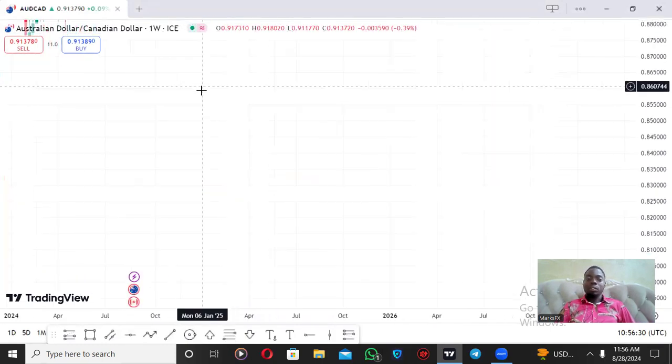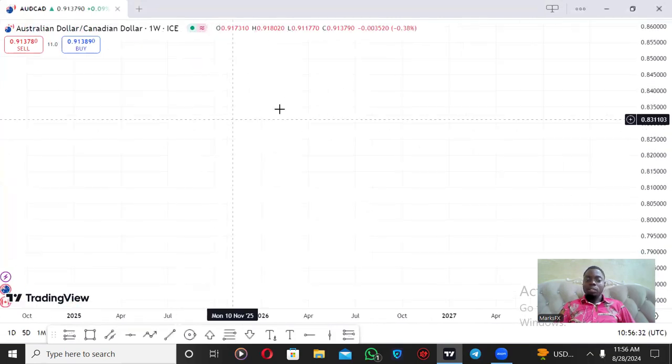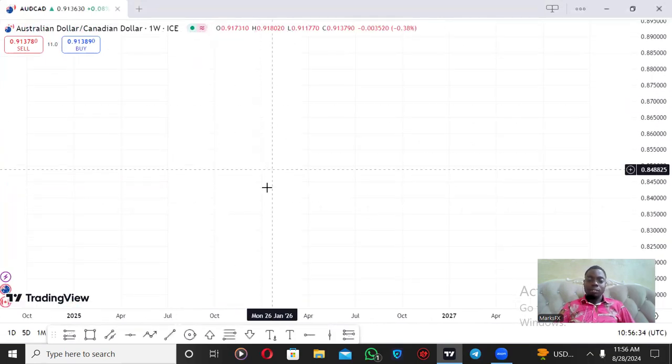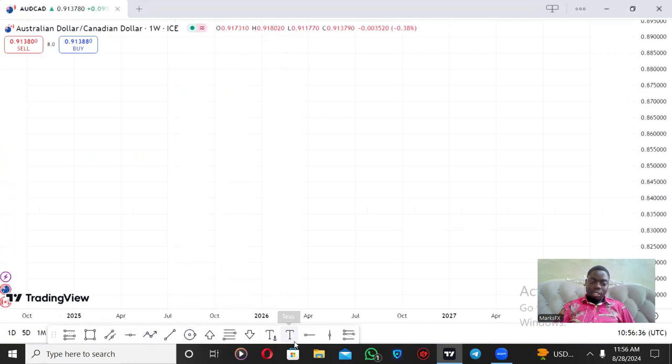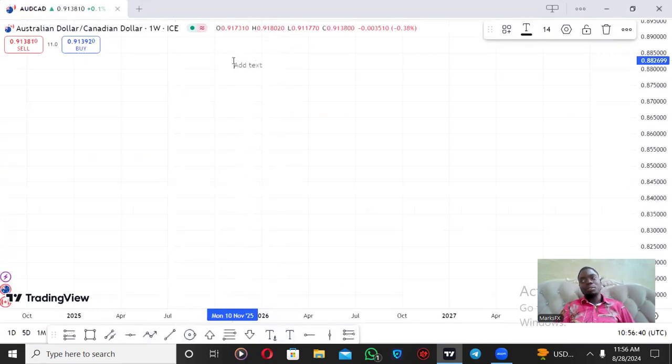Now, before we talk about risk management, I want to talk about lot size first. Technically, we have three types of lot sizes. There are actually four, but the fourth one is not used in forex. It's used in synthetics. So we've got the nano lot size. Now we have types of lot size.